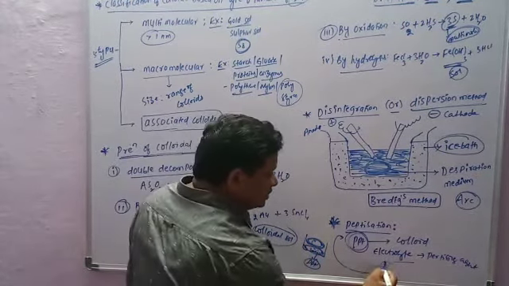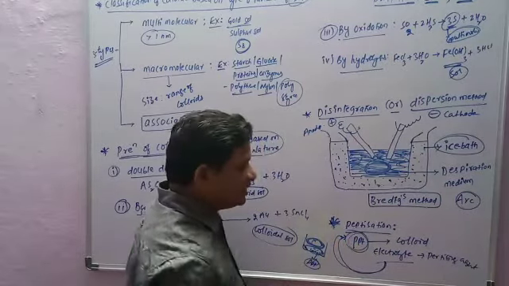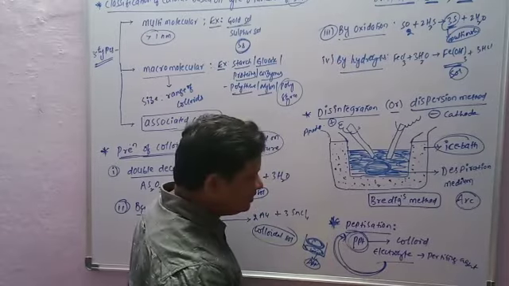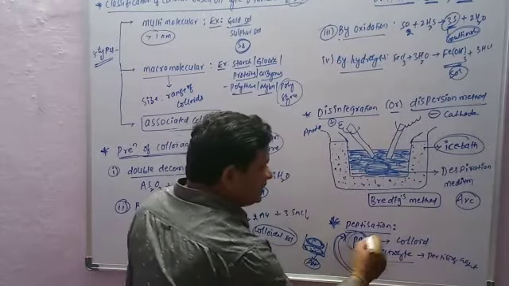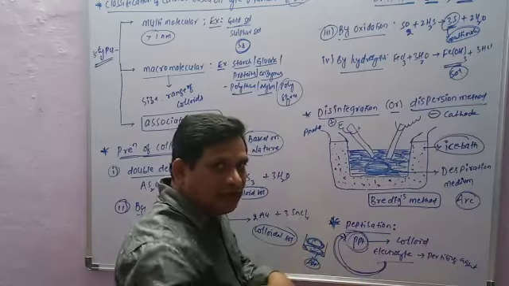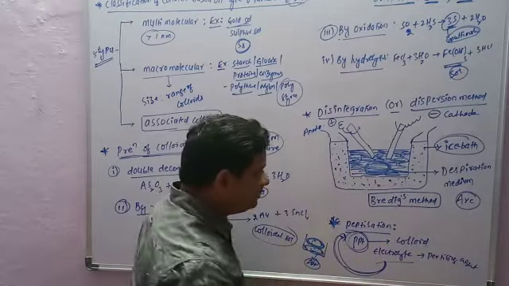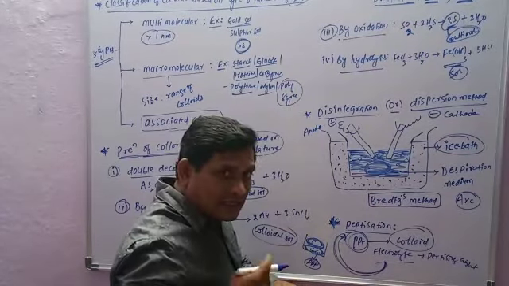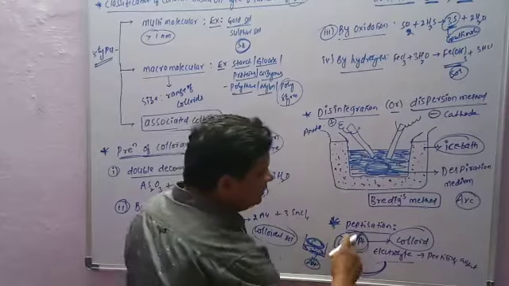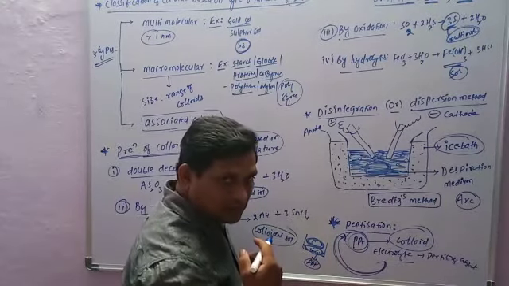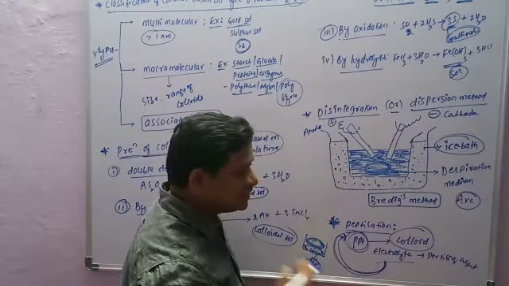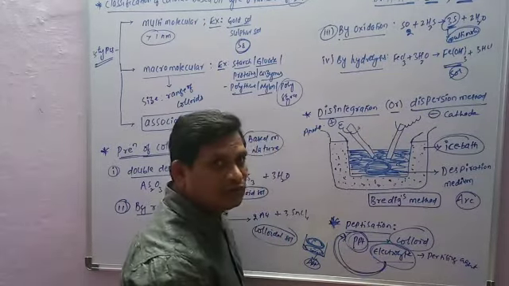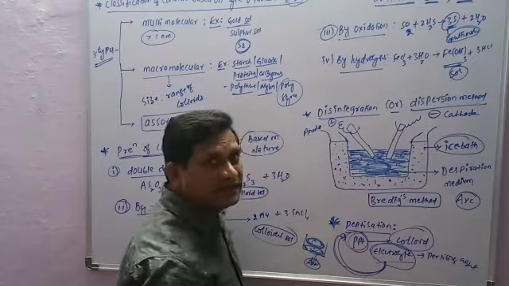Now one suitable electrolyte is added to the precipitate. Then the precipitate disperses in the dispersion medium and gives the colloidal sol. So the insoluble precipitate is converted into a colloidal sol by the addition of a suitable electrolyte. This is called peptization.